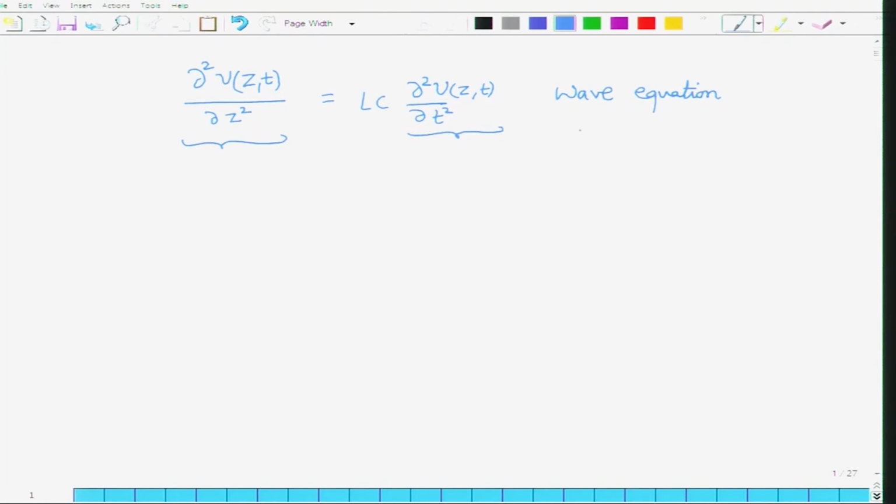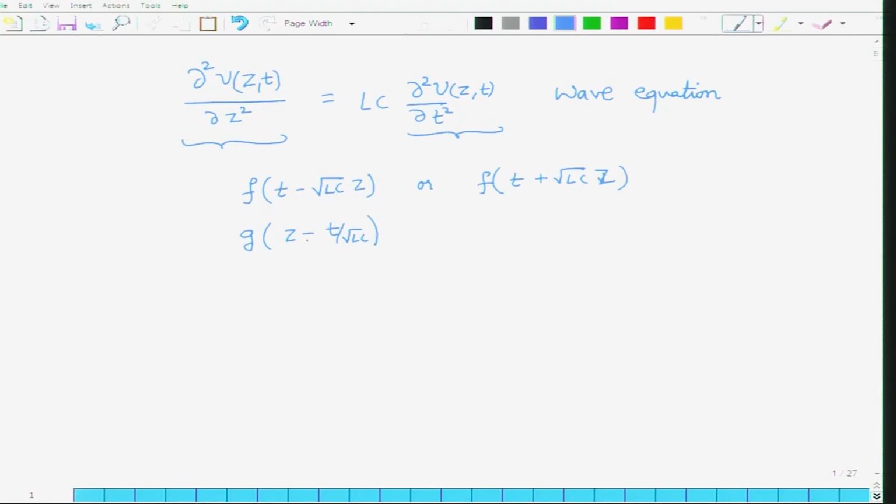Now, this particular wave equation will admit solutions of the form f of t minus square root LC into Z, or f of t plus square root LC into Z. It will also admit solutions of the form g of Z minus t by square root LC, and you can clearly see that I have just interchanged the positions of Z and t from the function f in this function g.